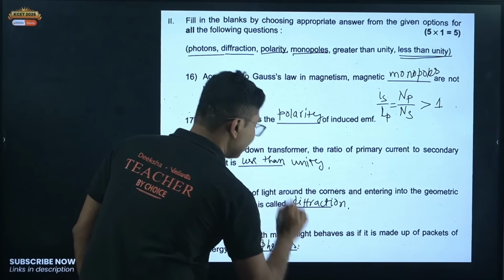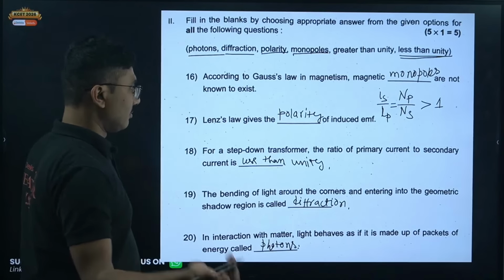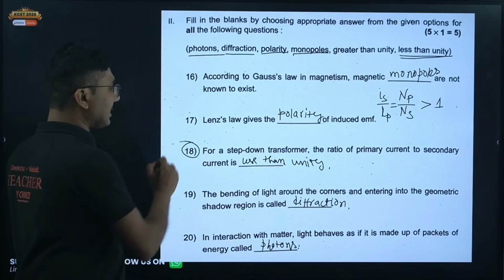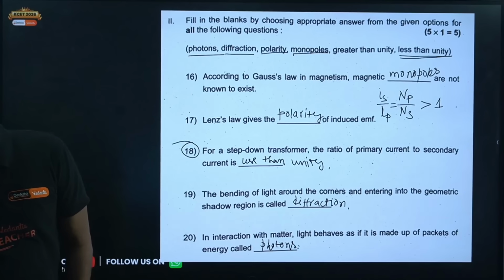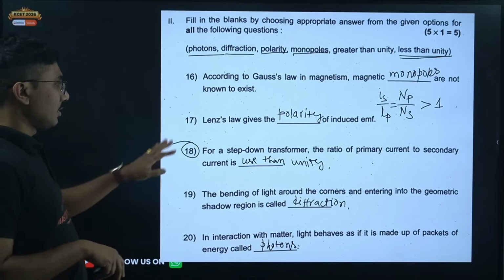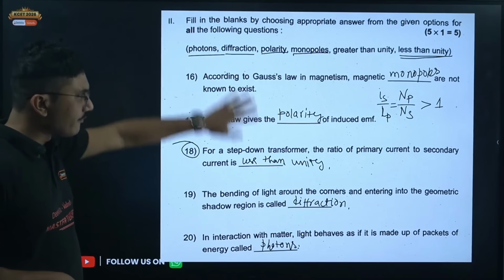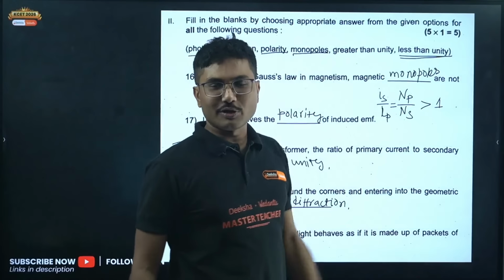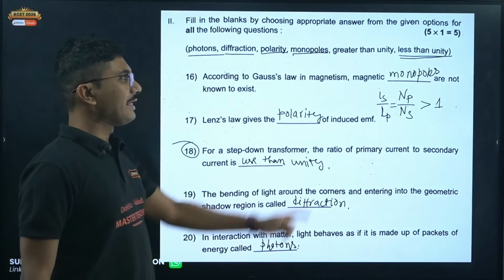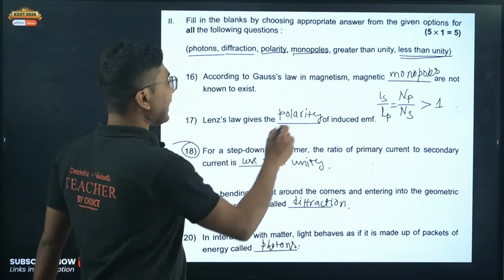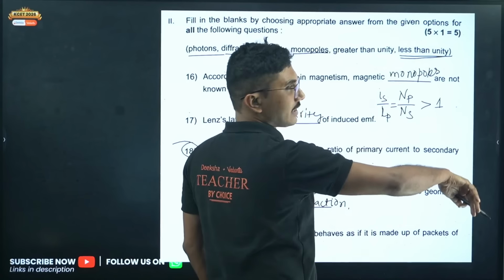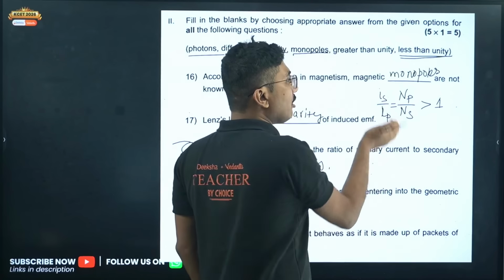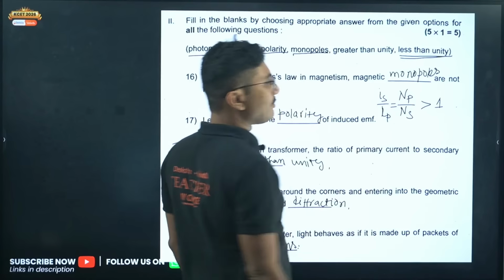So only one difficult fill in the blanks, that is question number 18. Other than that, all the things are slightly easy. Okay, everything is easy except this one, greater than unity or less than unity, because in the options both options are there. In terms of voltage ratio, remember that NP by NS equals VP by VS. In terms of current, it will be opposite, IS by IP equals NP by NS.